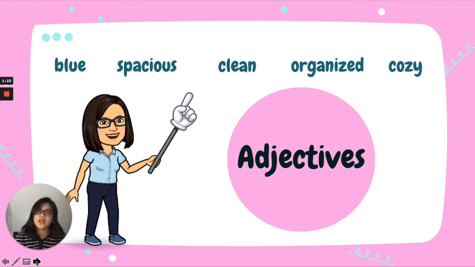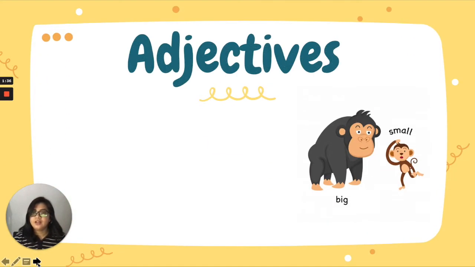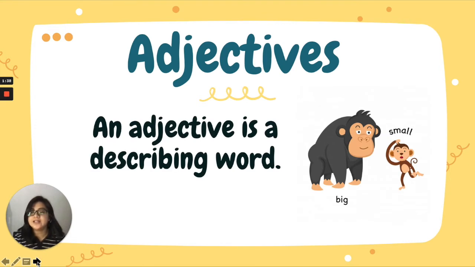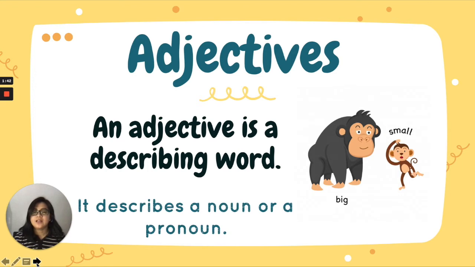Okay, so when we describe a picture or when we describe something, we use certain words, and of course, they can be categorized into one part of speech. So an adjective is a describing word. It's used to describe a noun or pronoun.